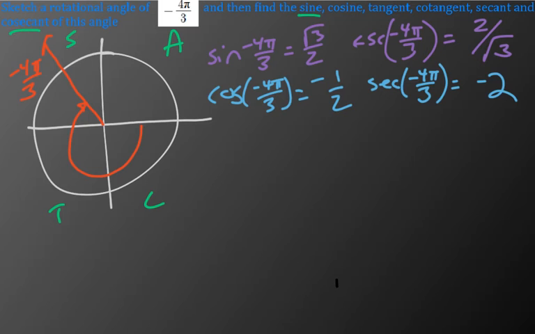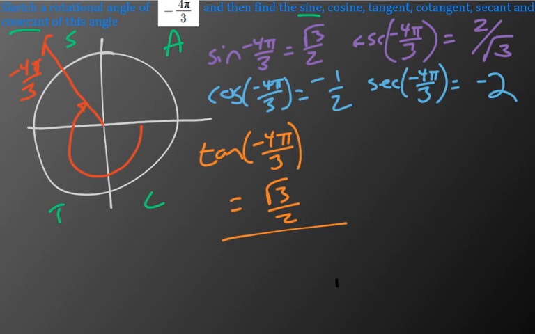Last but not least, we'll do tangent, negative 4 pi over 3. For this one, you can really just do sine, root 3 over 2, over cosine. And so if you do that out, sorry, hold on, the 2's would cancel, and you'll just get negative root 3.